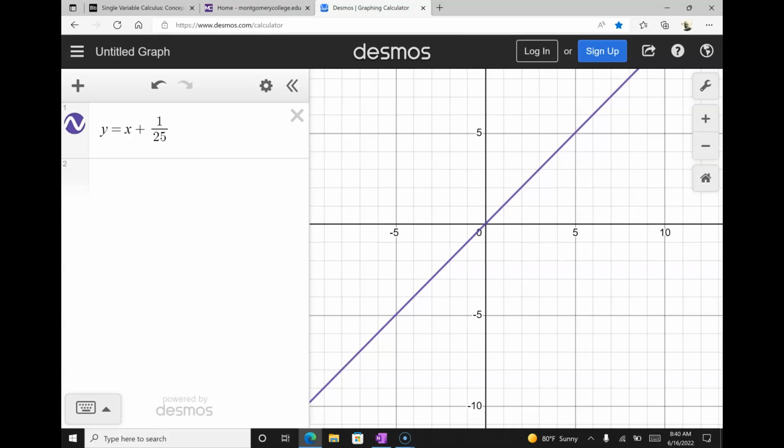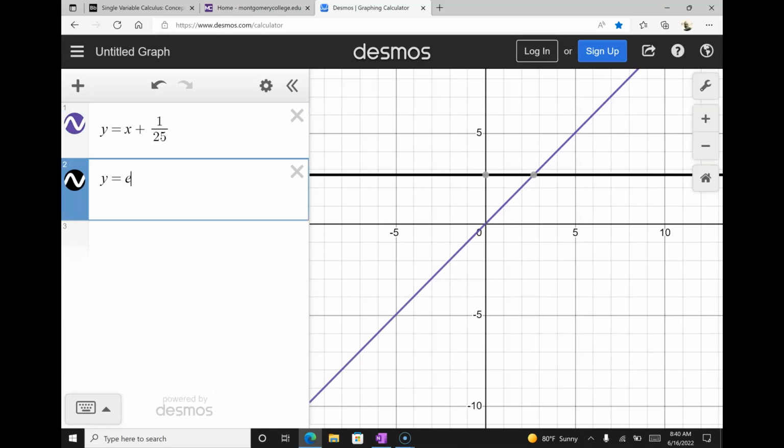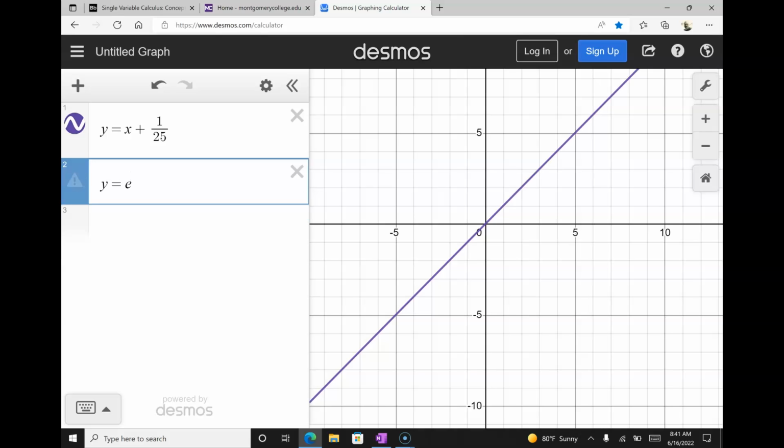Remember in Calc 1, we had to plug in 10, plug in 100, plug in 1,000, and we saw it was going forever, right? But we're past that now. We know where this thing goes. But my next function, y equals e to the minus 5x, look at that thing.